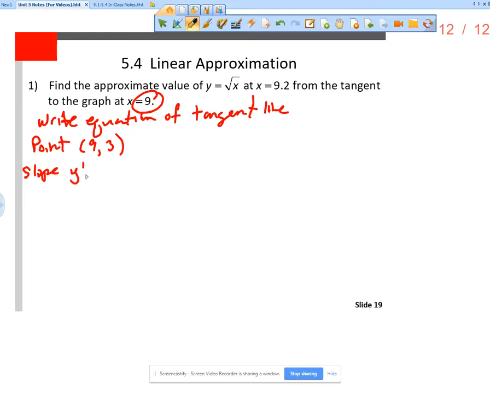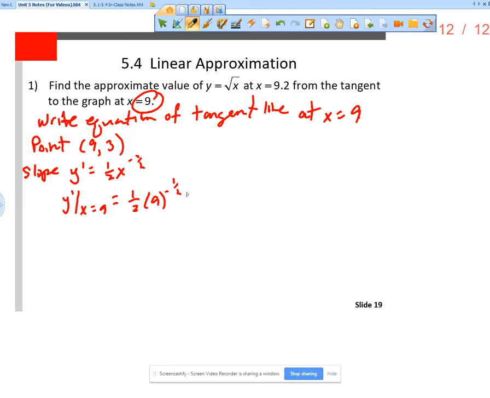So y prime. What is the derivative of the square root of x? Well, it's 1/2 x to the negative 1/2. So I want to evaluate y prime at x equals 9. Remember, we're writing the equation of the tangent line at x equals 9. So 1/2 times 9 to the negative 1/2.